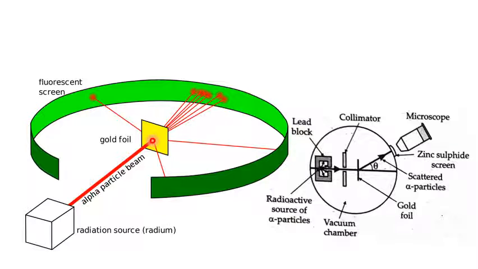Now, as your alpha particles fall on this gold foil, the alpha particles get scattered, as you can see in this figure.